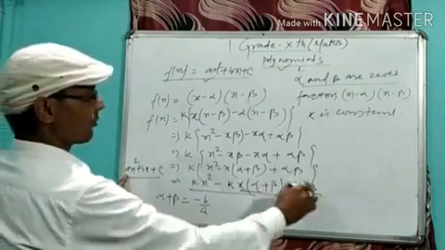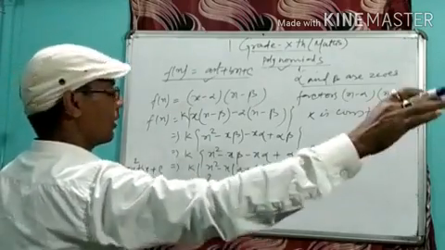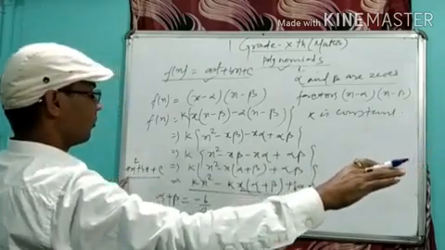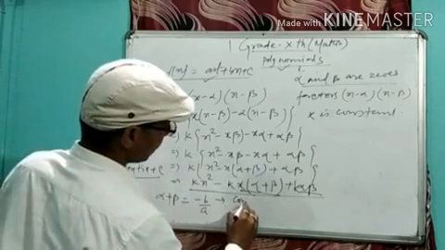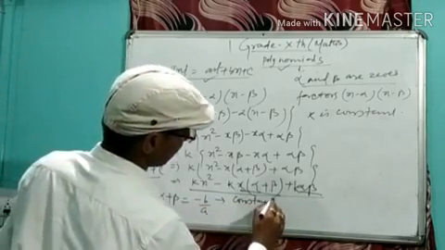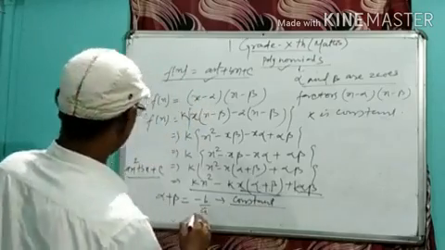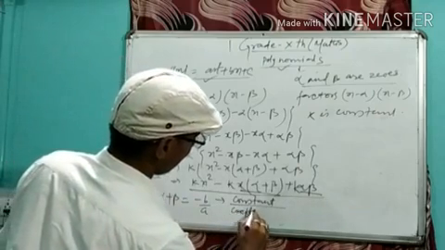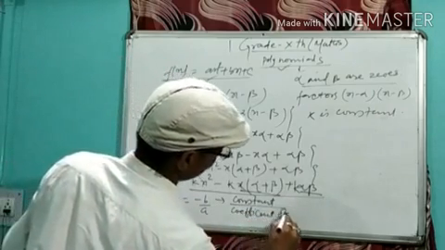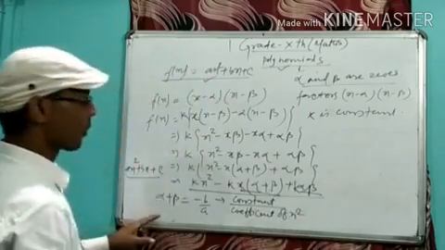We will take k equal to 1. It will be the same. Minus b by a, b is a constant, and here a is the coefficient of x square. Clear?